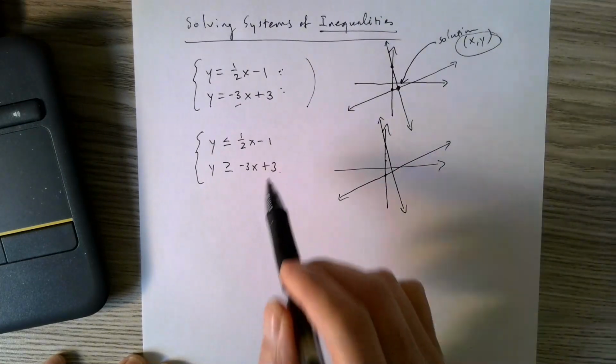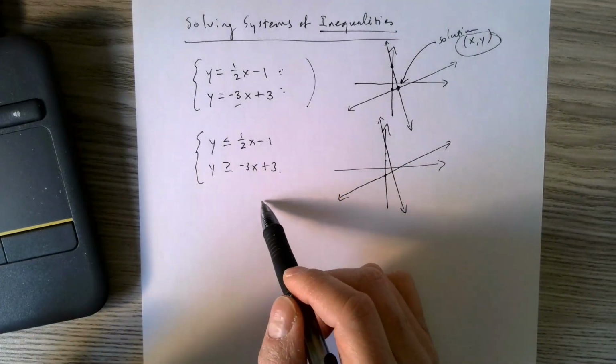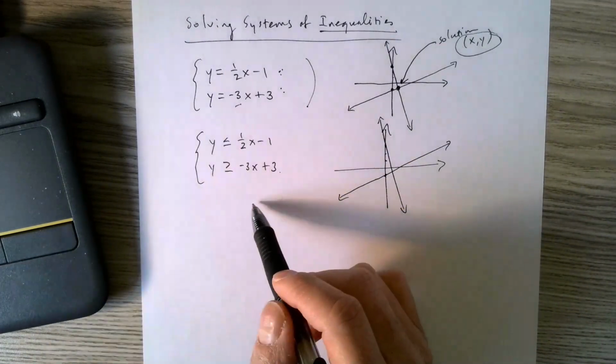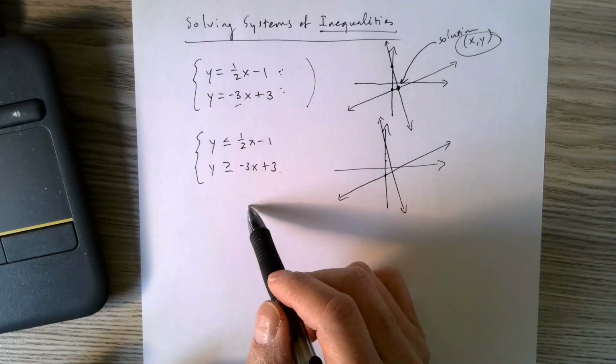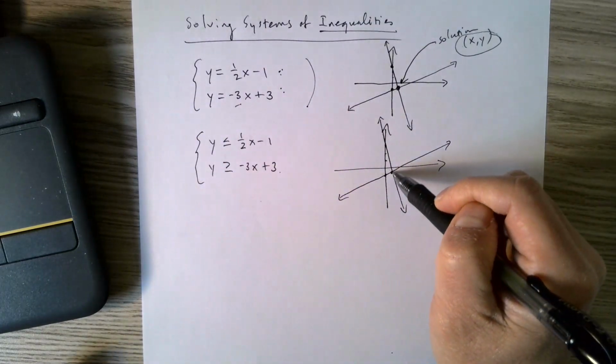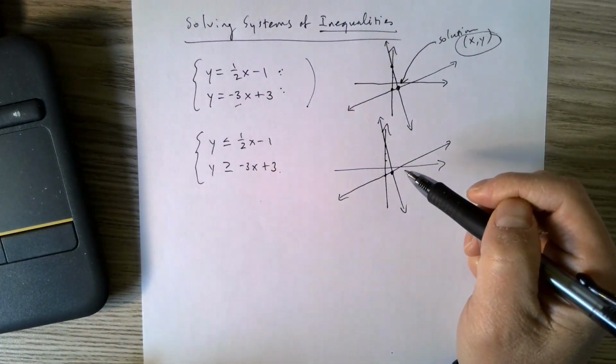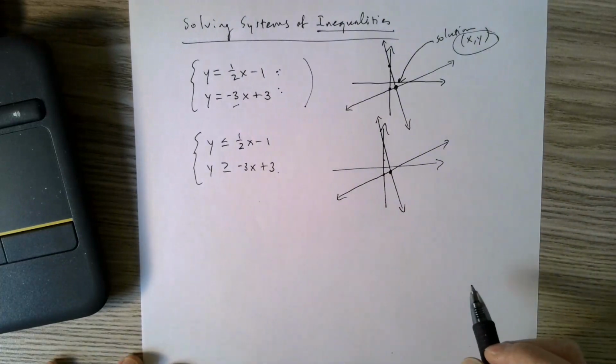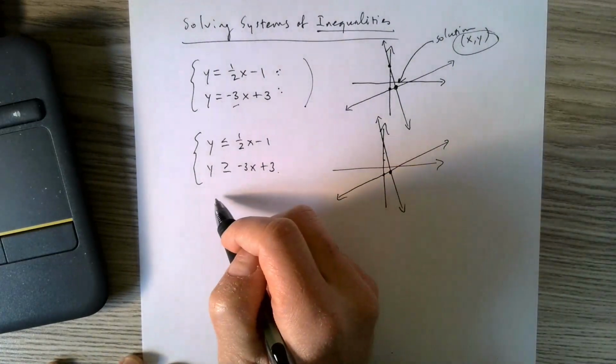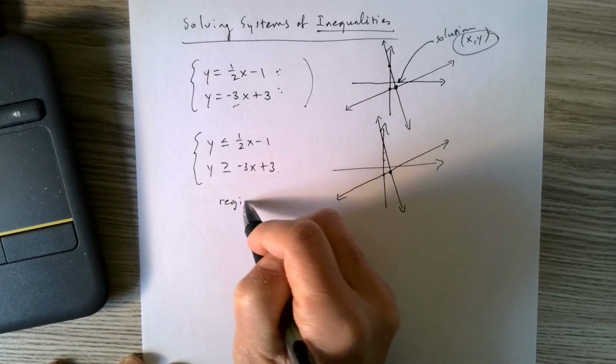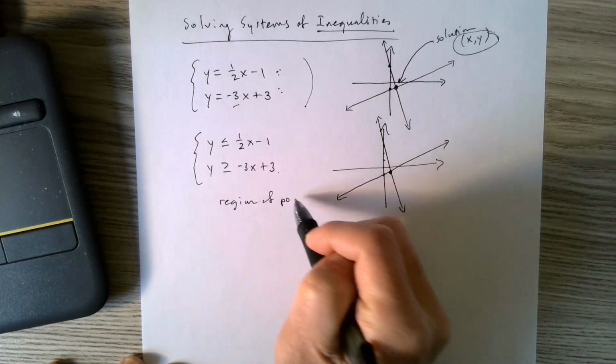You don't have to do that here. So that's good news. That's a lot of steps that you don't have to do at all, because we are not looking for this point now. Instead, we're looking for a region of points.